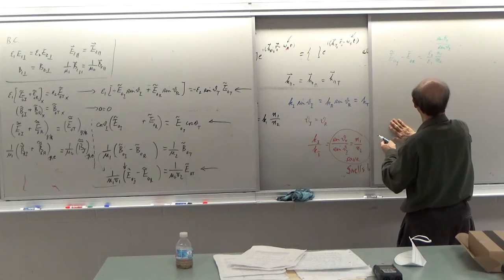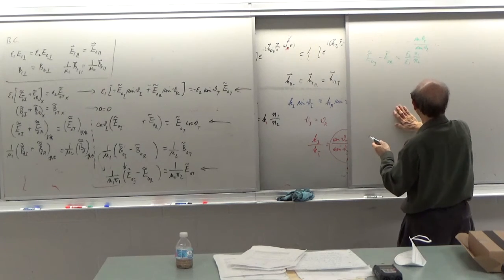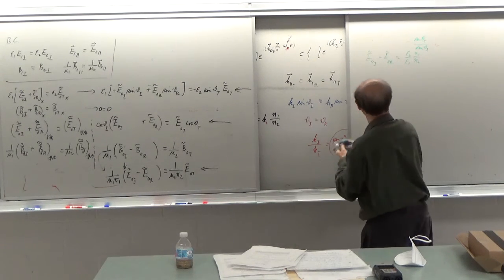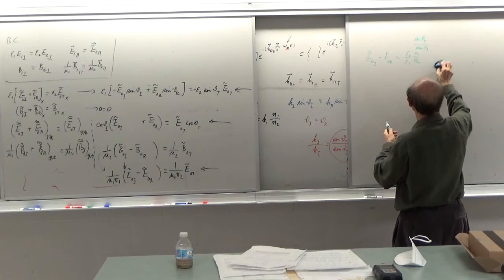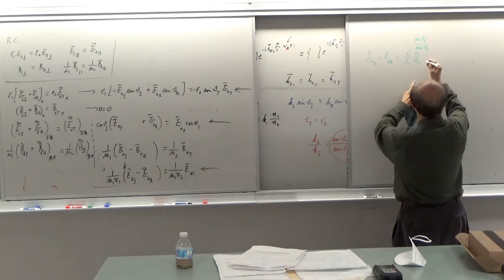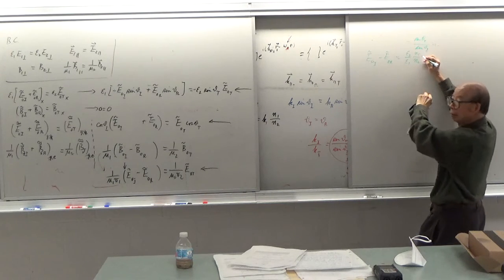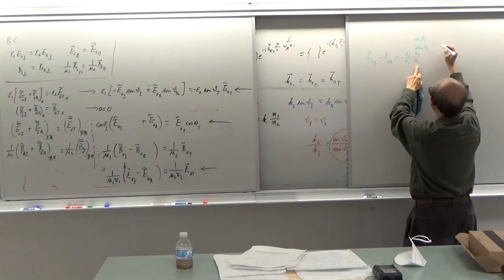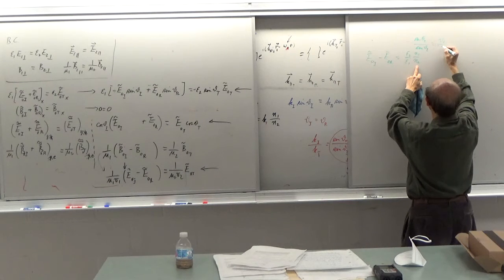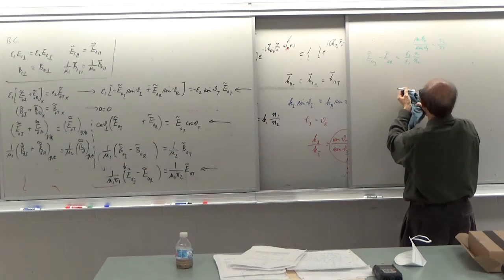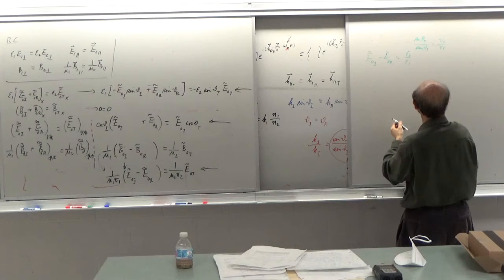And in fact, okay, you can also rewrite that as follows. So this is equal to n1 and n2, but this is also equal to, n is inversely proportional to speed of propagation, is equal to v2 over v1. So let me write that as v2 over v1.